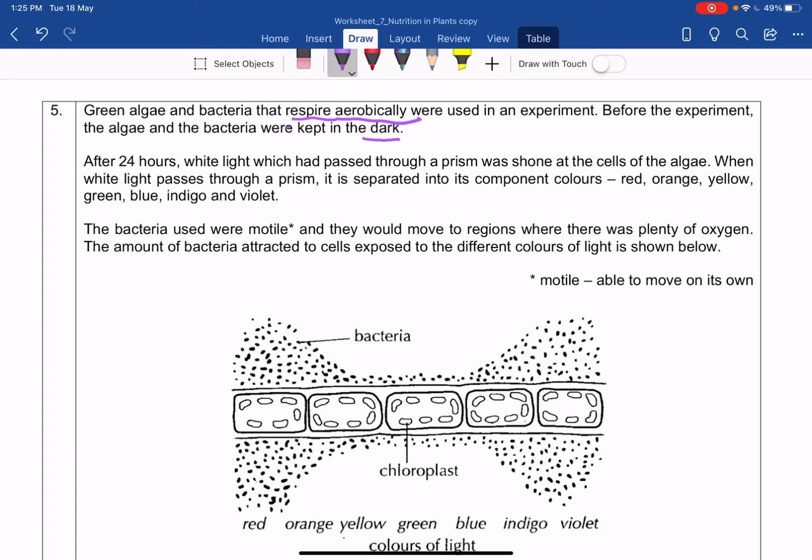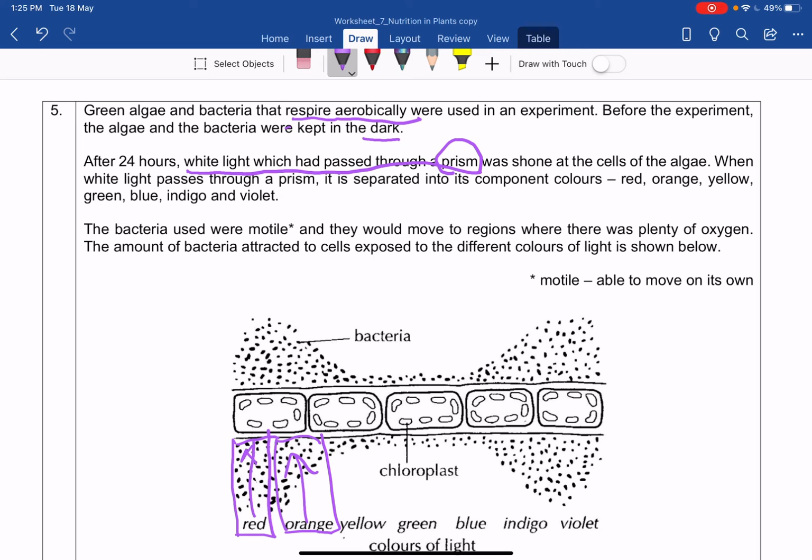Then they shine a white light through a prism, which separates the light, which consists of 7 colors. This is the order that you see the different light rays, with red shown here, then orange respectively.